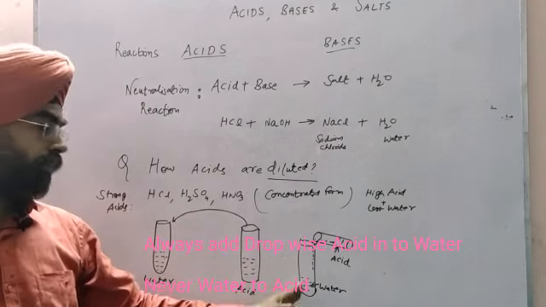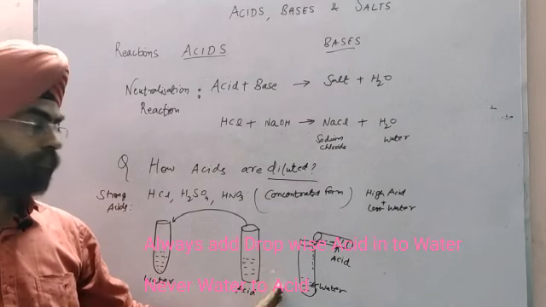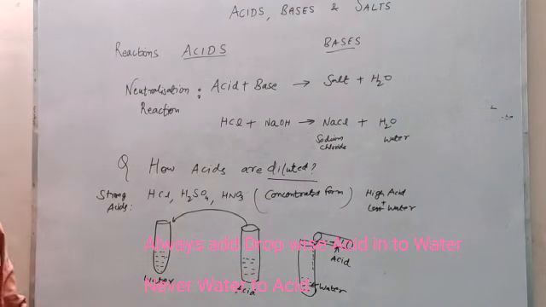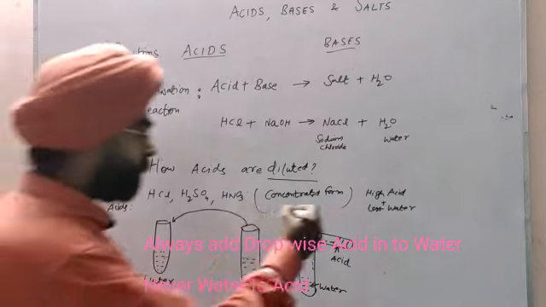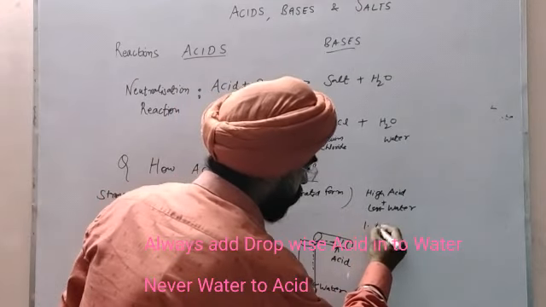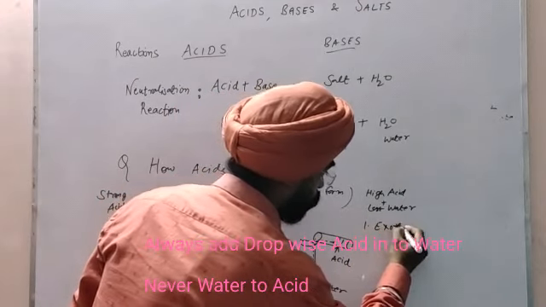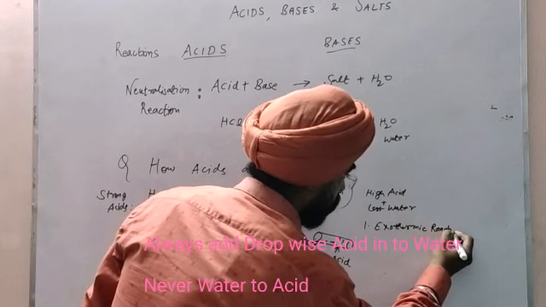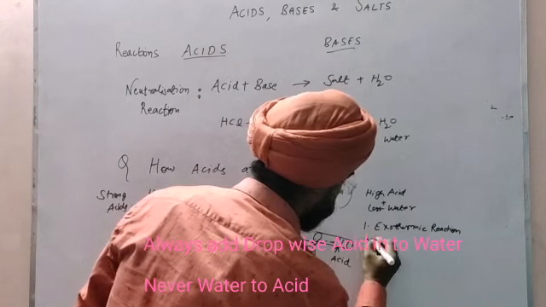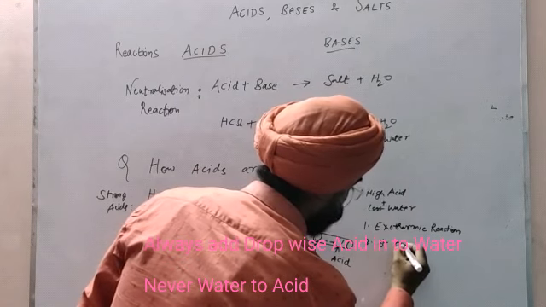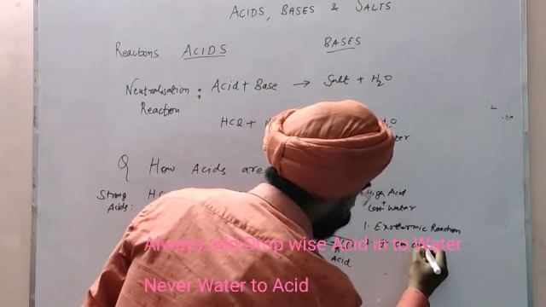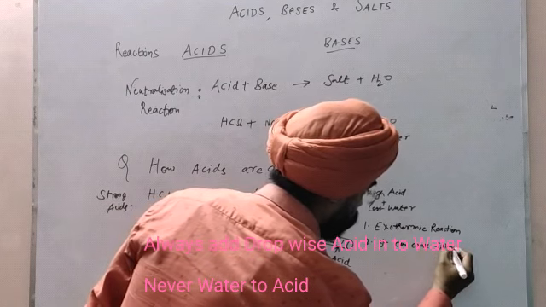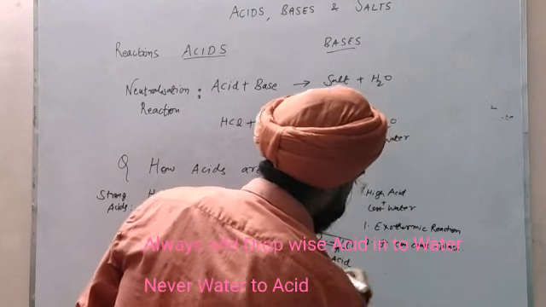Then it is diluted slowly, because it is an exothermic reaction. The points are: it is an exothermic reaction, a high amount of heat is released, and it can cause splash.